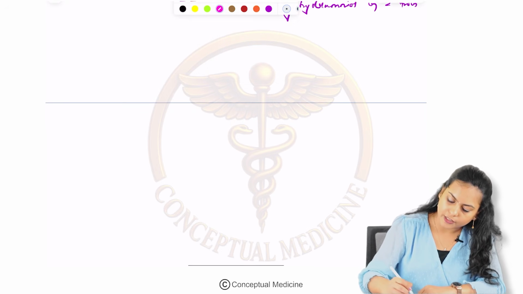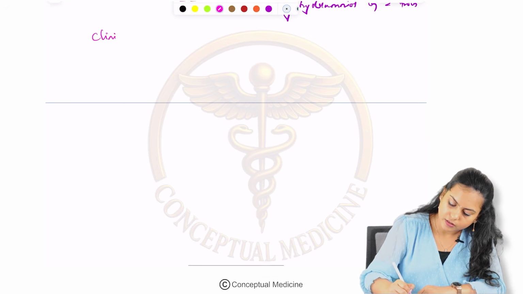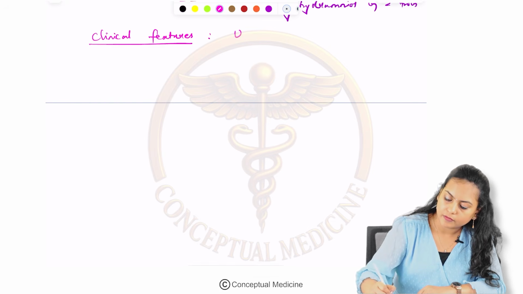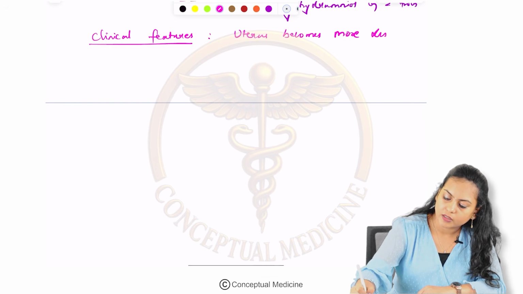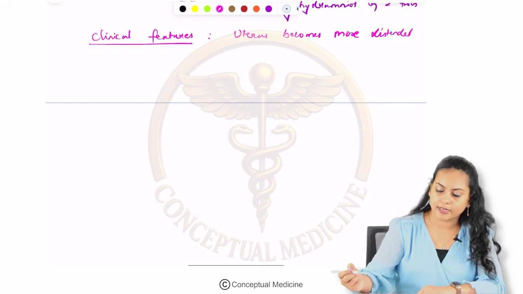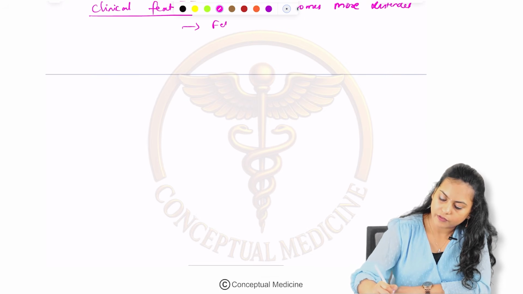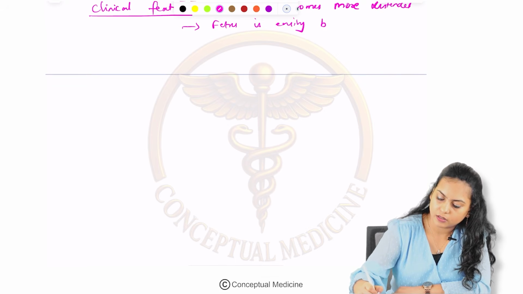Now, what are the clinical features? Number 1, the uterus becomes more distended. That is what we see clinically, right? So, fetus is easily ballotable.